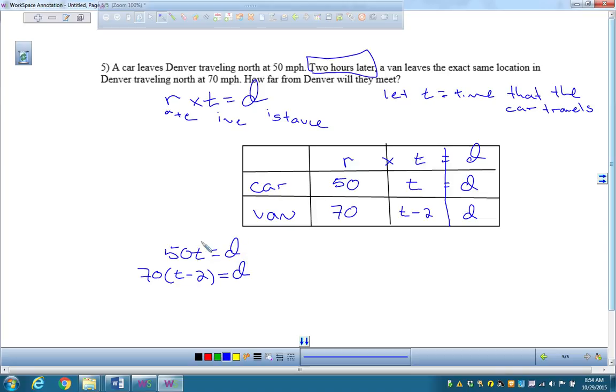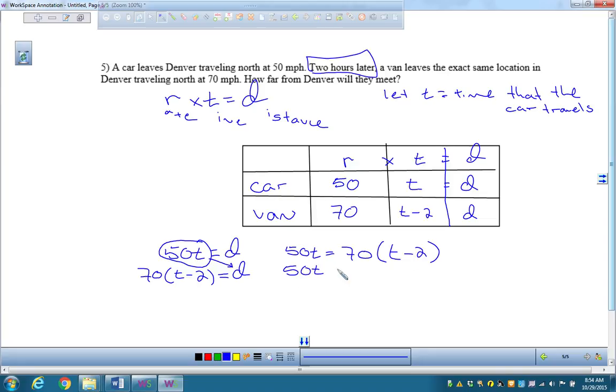Substitute. So I'm going to substitute this into here for d. See that? Easy? So now I get 50t equals 70 times t minus 2. And then I just finish out the problem.